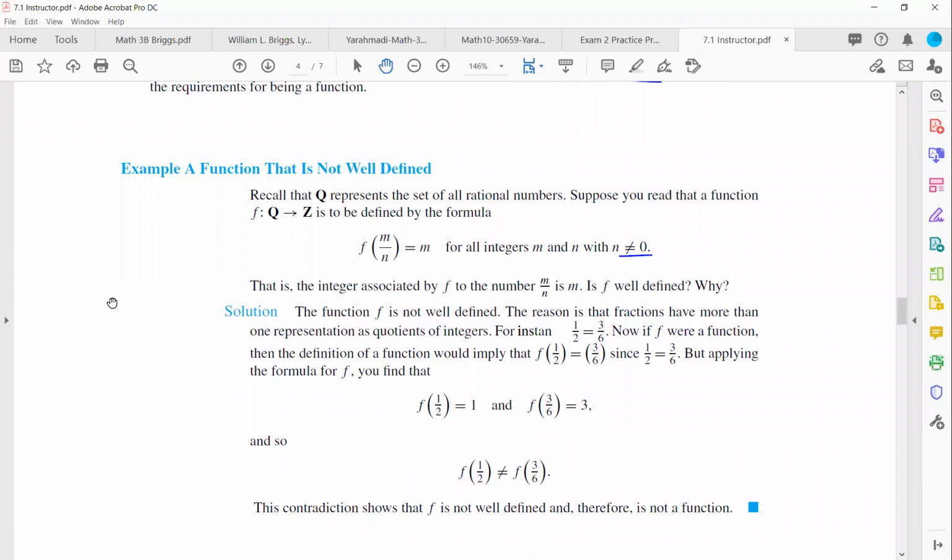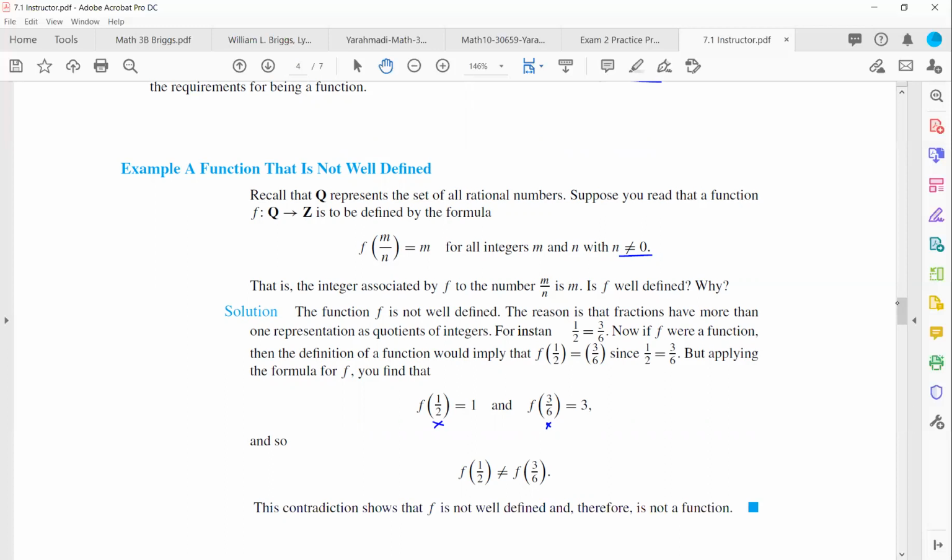The answer is no. Why? Take a look at two fractions, 3 over 6 and the reduced form of 3 over 6. These are just x values. If I leave the fraction as it is without reducing it, the function f maps 3 over 6 into 3.